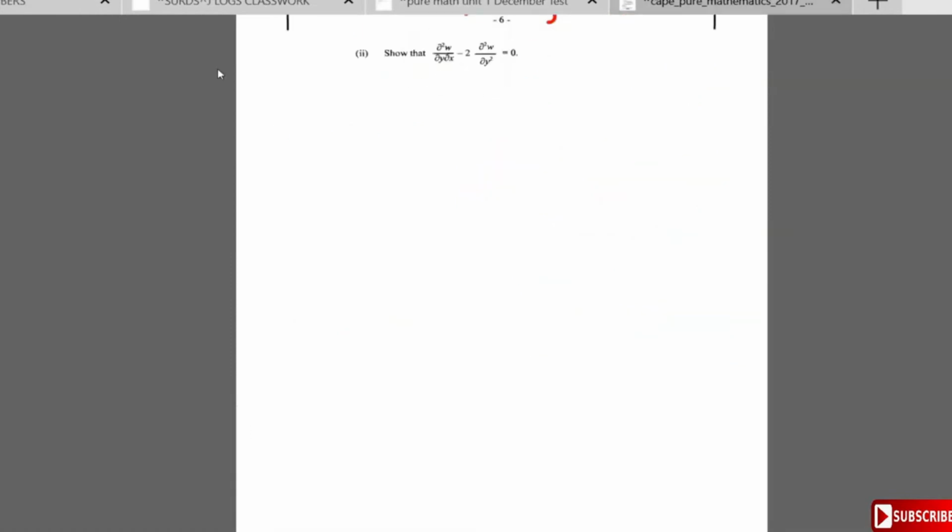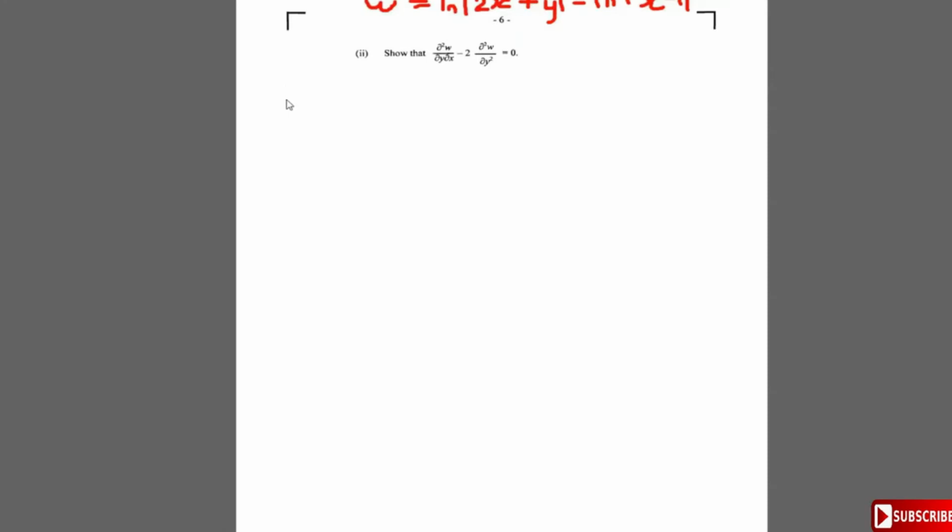We had already found that ∂w/∂x was equal to 2 over 2x plus y minus 1 over x minus 1.